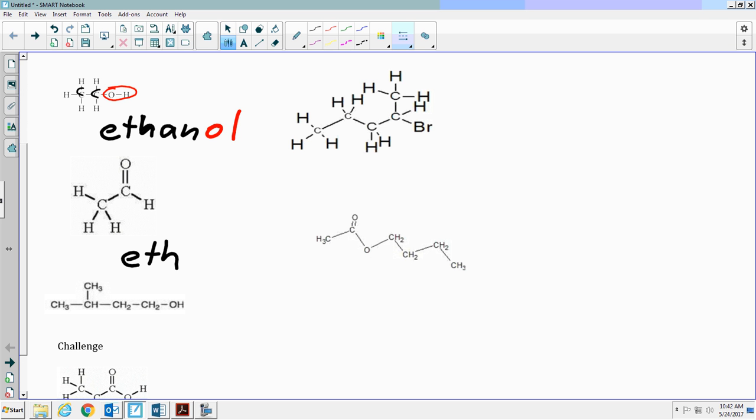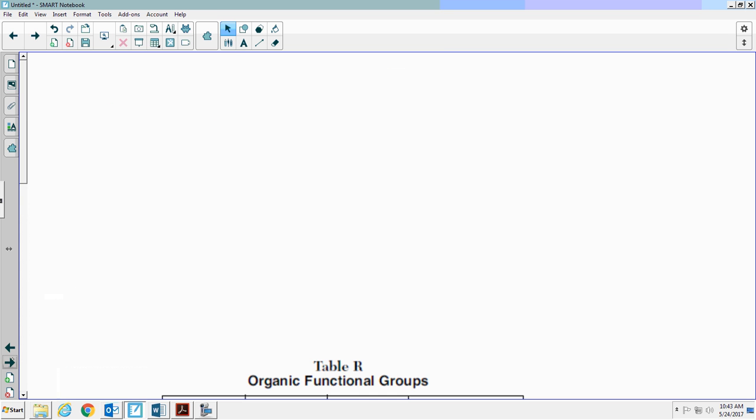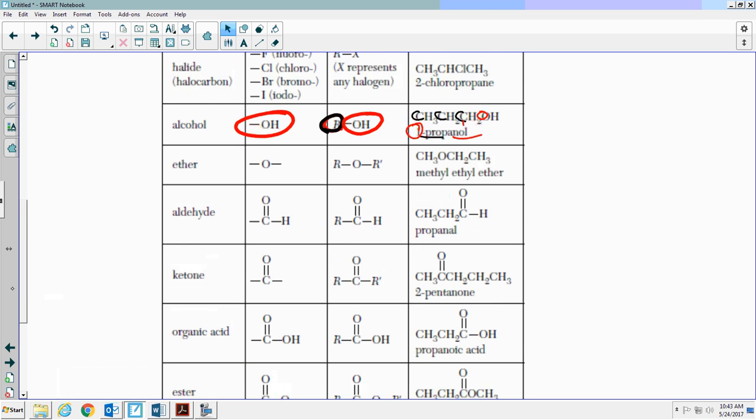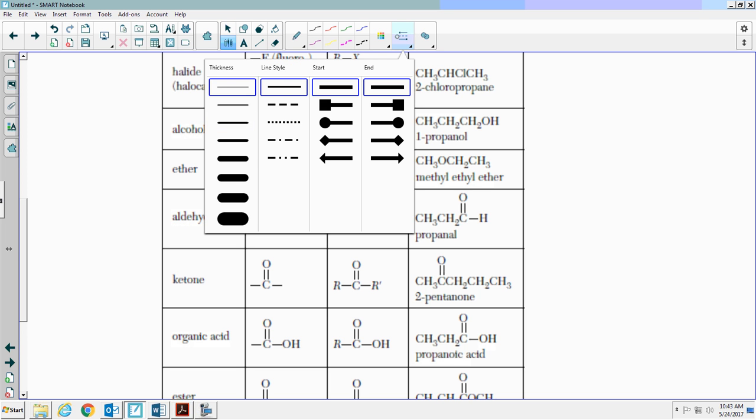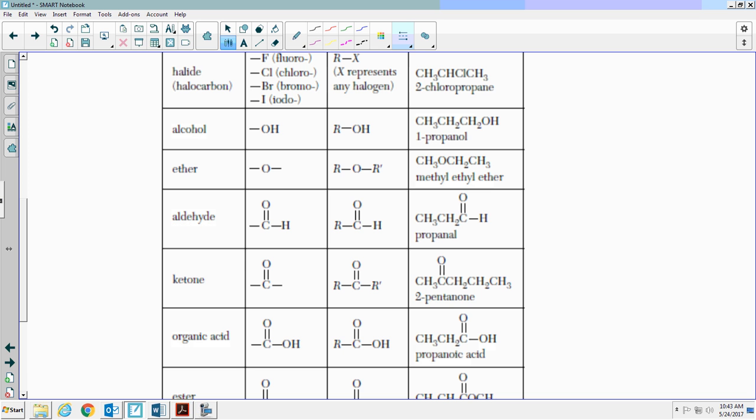The functional group in this case includes one of those carbons having a double bonded O and a single bonded H. So we're going to have to look for that in Table R. We find that special group here. So we have an aldehyde. That means the ending is going to be al.